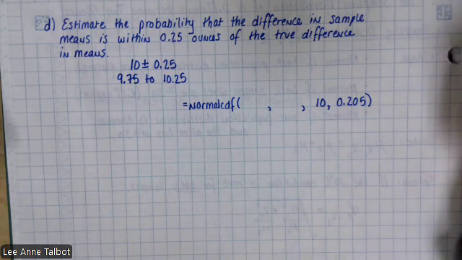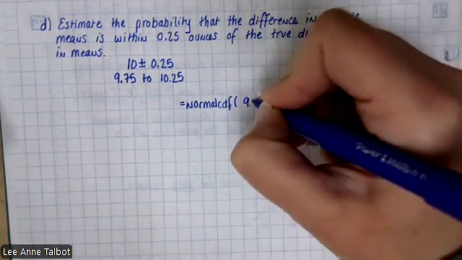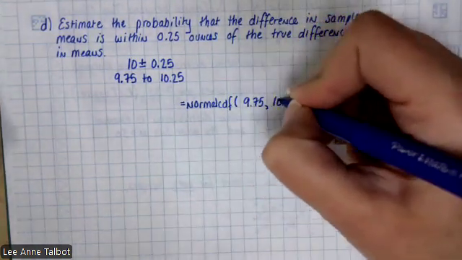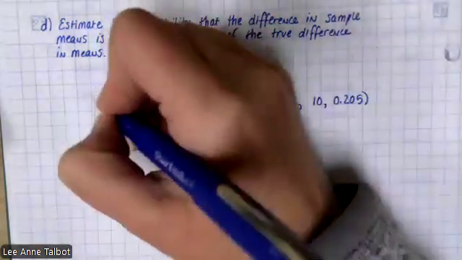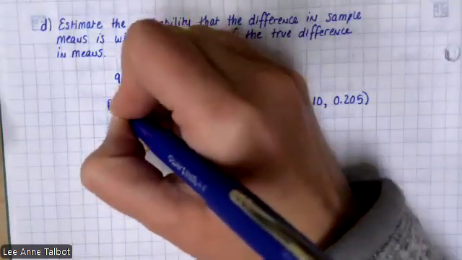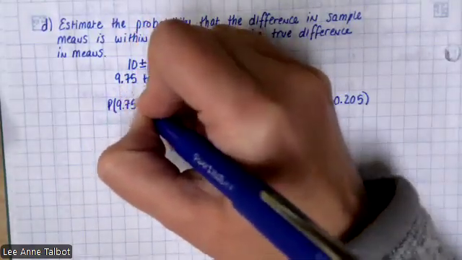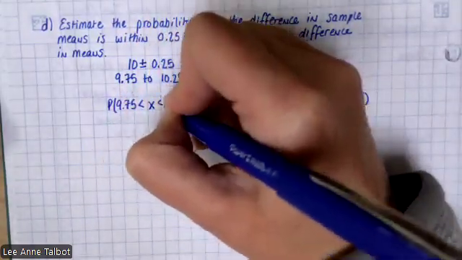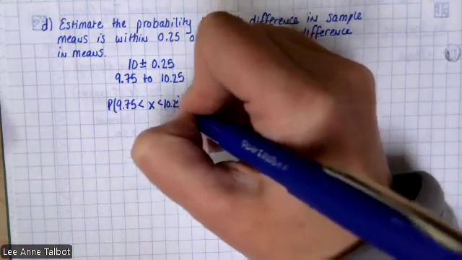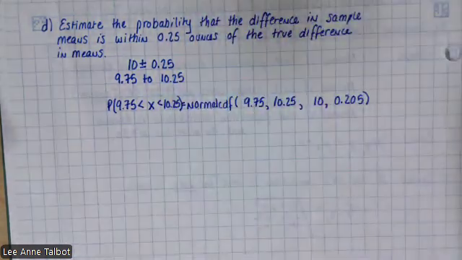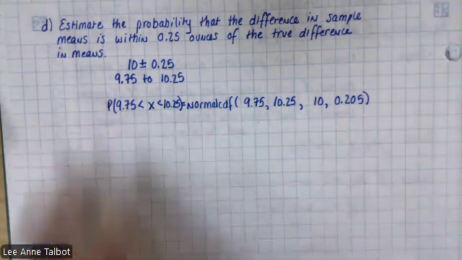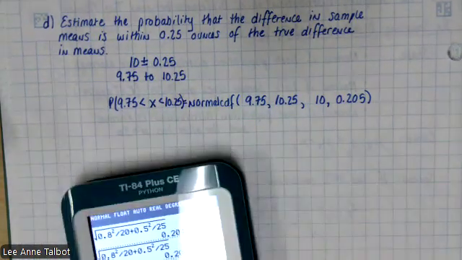Do you guys see where I got that from? And then you write it like a compound inequality at the front.